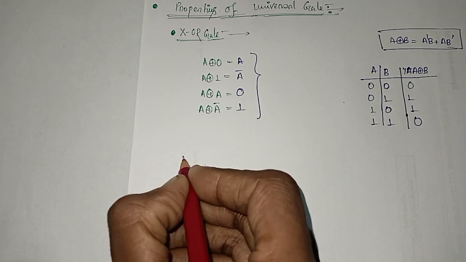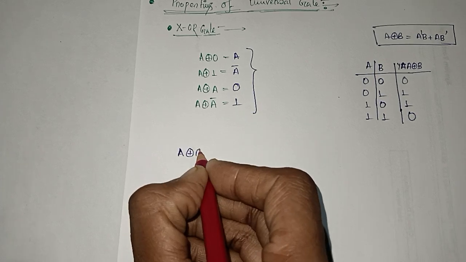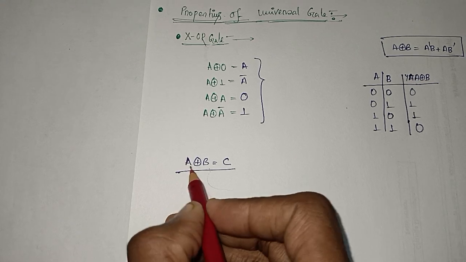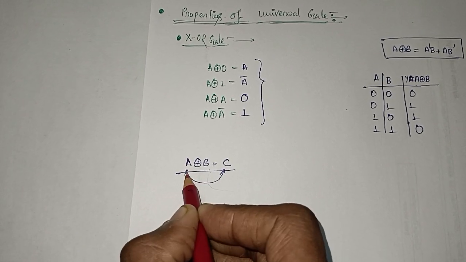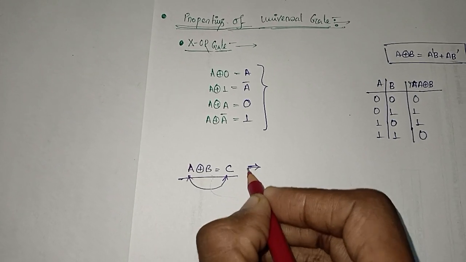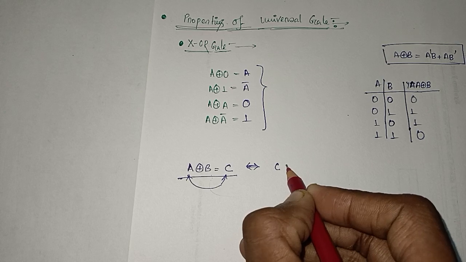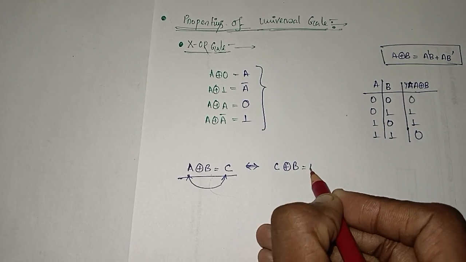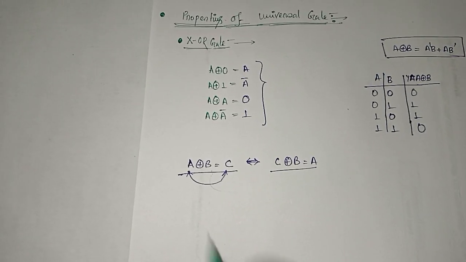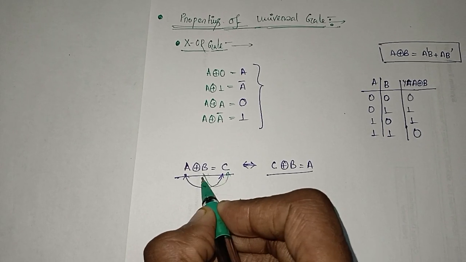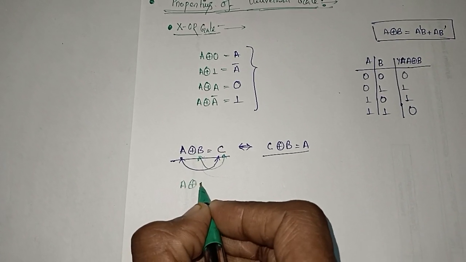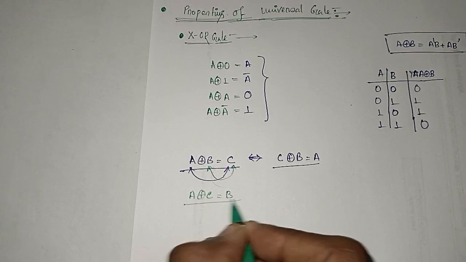So if we consider A XOR B and we get output C, then if we interchange any of the input and output, if it is possible, we get the same result, meaning C XOR B gives us output A. Or if we interchange B and C, we also get the same, meaning A XOR C will give us output B.